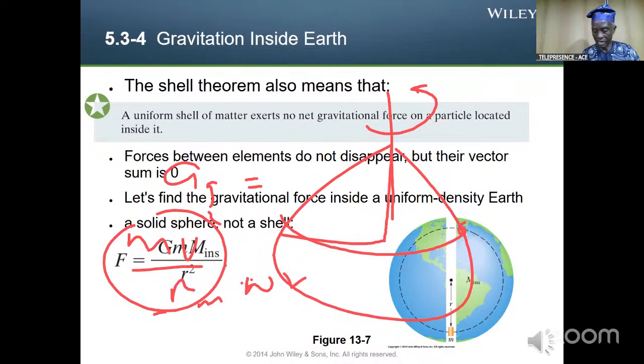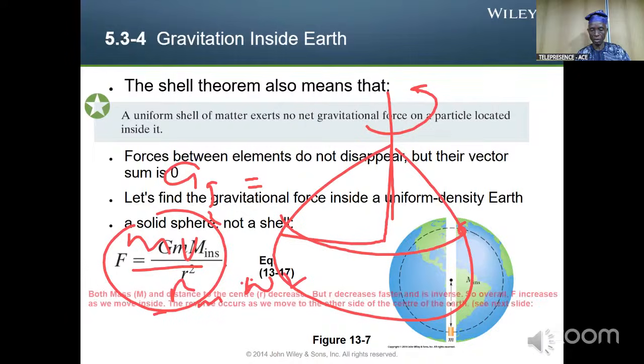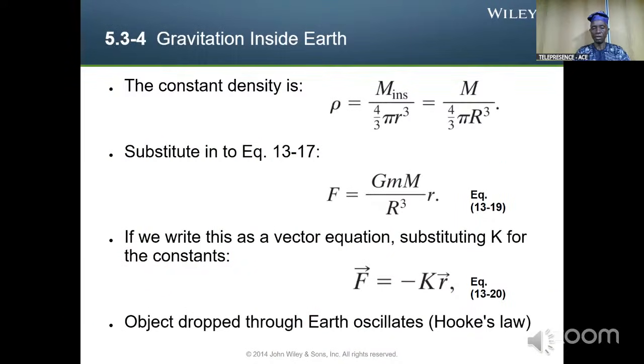To calculate the M inside, if you assume that the density is constant, the density is mass over volume. That's M inside over volume inside, and that's the same as total mass over total volume.